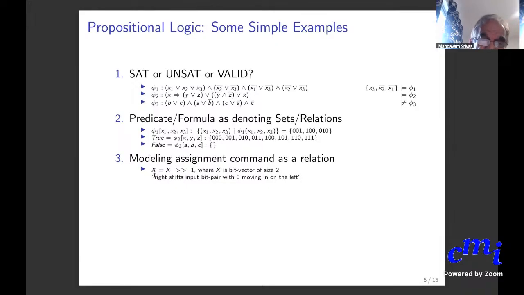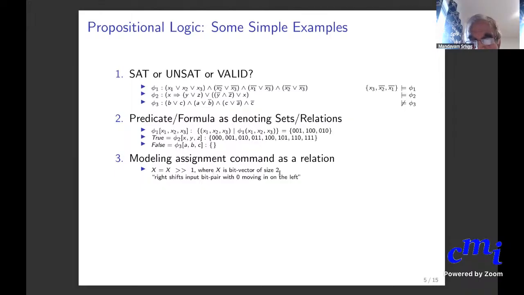So here's a simple assignment statement in C. I assume capital X here denotes a bit vector, and the operator is a shift.